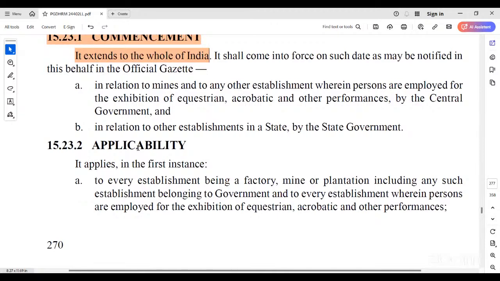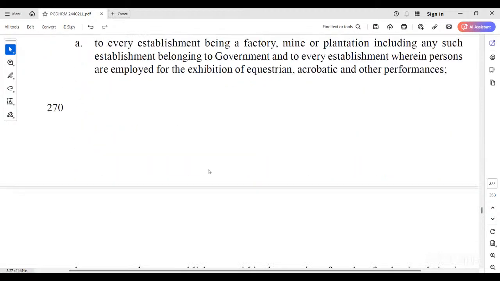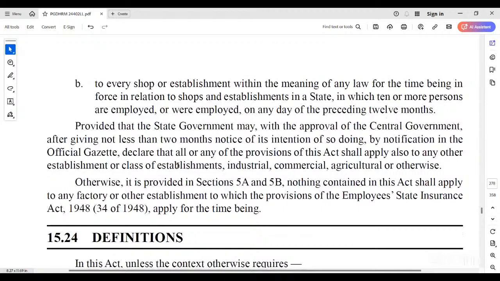So applicability, as I told earlier, is to every establishment being a factory, mine or plantation, including any such establishment belonging to the government, and to every establishment wherein persons are employed for the exhibition of acrobatic and other performances.